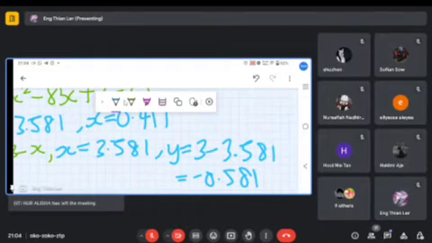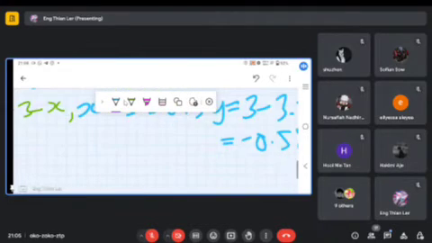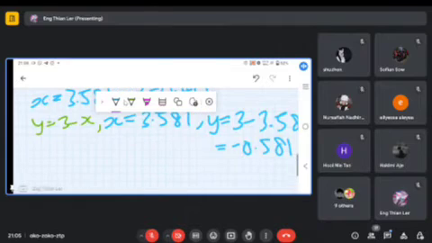And another one is x equal to 0.419. So it's still the same.